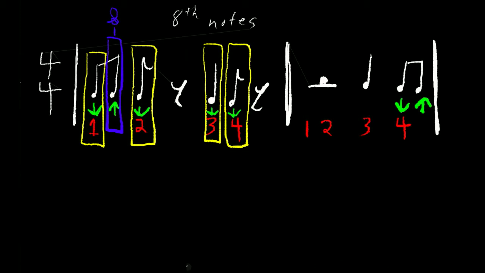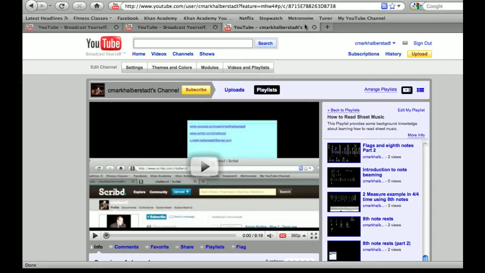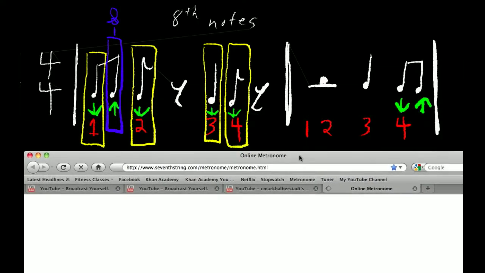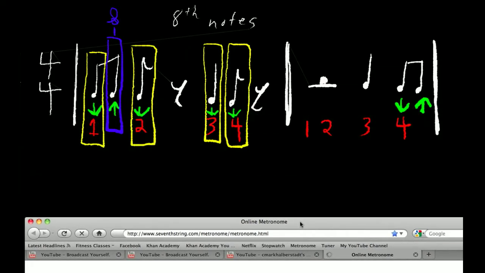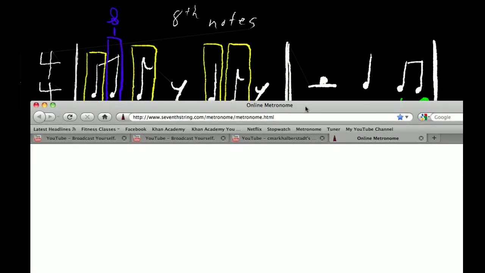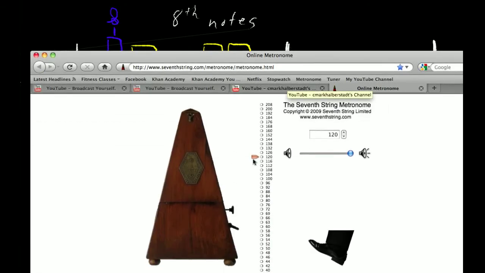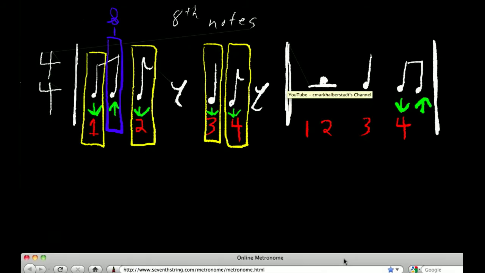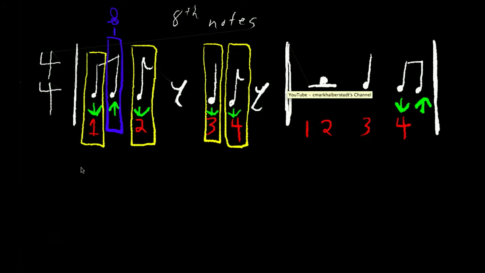And now I'm going to put on my metronome. I think I've got just enough time to get through this. Hopefully. There we go. Slow this down. Okay, there we go. 1, 2, 3, 4.